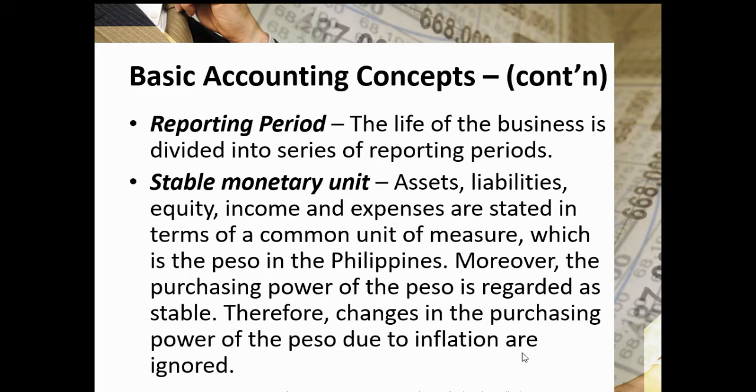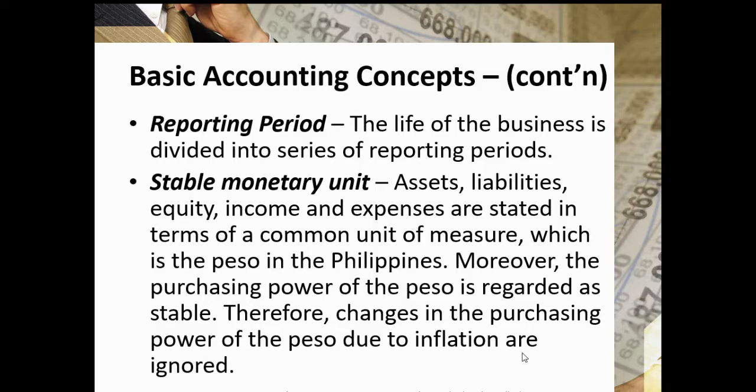A reporting period is usually 12 months or 1 year, although it can be longer or shorter. A 12-month accounting period is either a calendar year or a fiscal year period. So may dalawang klase, calendar year period or a fiscal year period. Ano ba yung calendar year period?